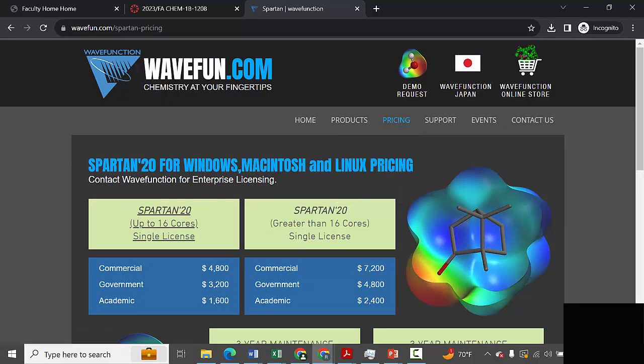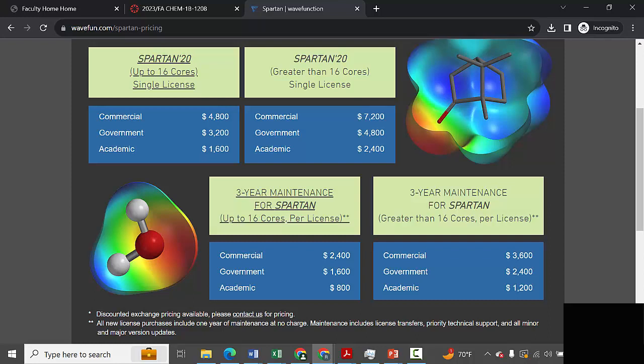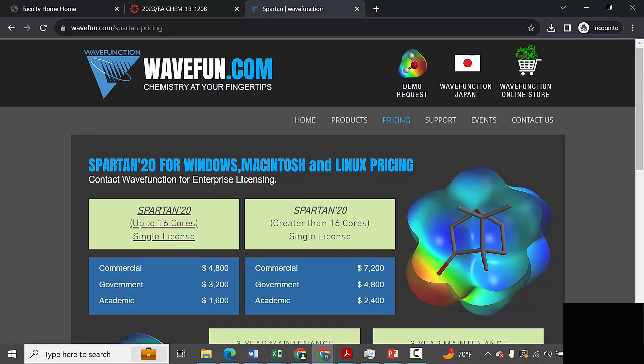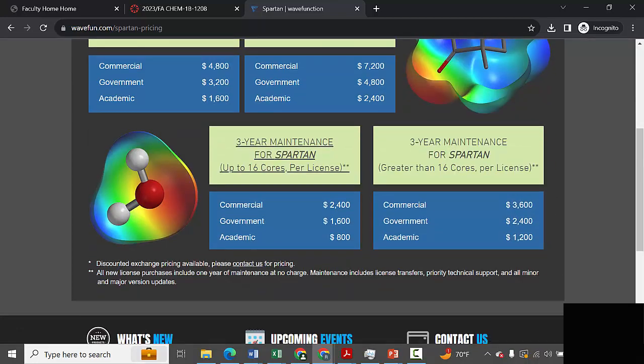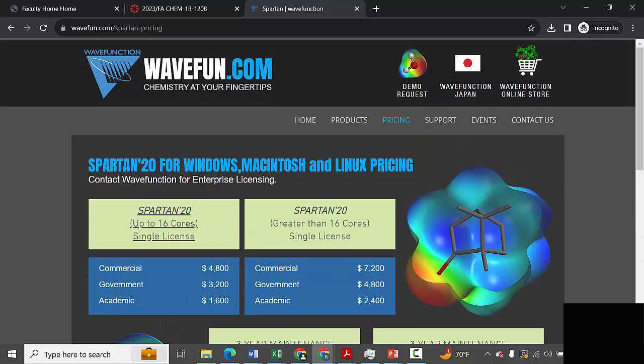which is like what is this per license? 7,200. This is for a single license. If your processor has more than 16 cores, 7,200. You can do these electrostatic potential maps, etc. We used to have it here, but we don't have the money for it anymore.